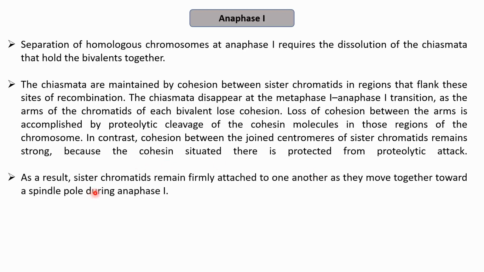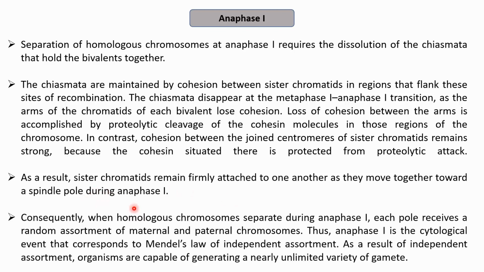As a result, sister chromatids firmly remain attached to one another as they move towards the spindle pole during anaphase 1. Consequently, when homologous chromosomes separate during anaphase 1, each pole will receive a random assortment of maternal and paternal chromosomes, depending on how they were arranged at the metaphase stage.